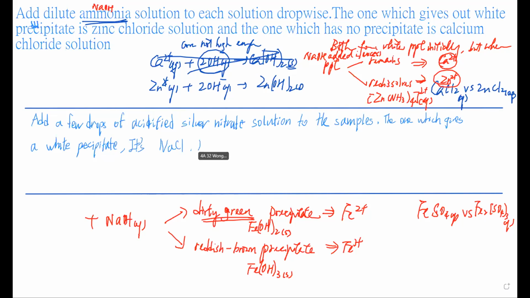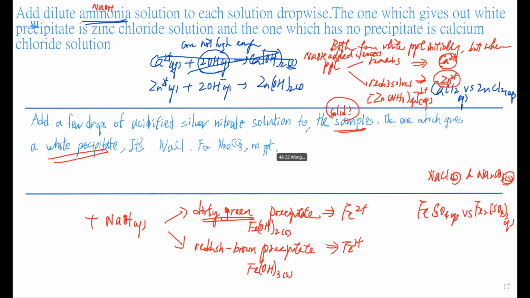Now take a look at this, a very tricky one. So you may have a sodium chloride solid and sodium carbonate solid. So you look for white PPT. So the sample here is solid. It's solid. So something nasty.